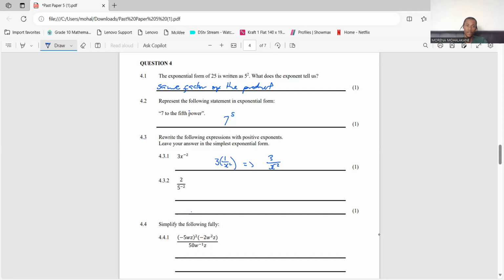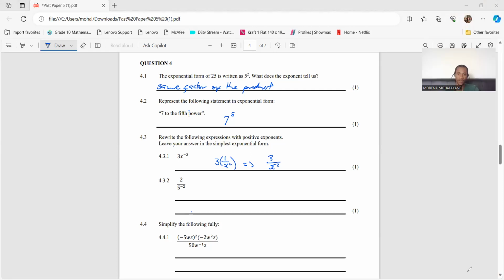This is from the laws of exponents. You remember the definition of the exponents, where x exponent negative m is the same as 1 over x exponent positive m.